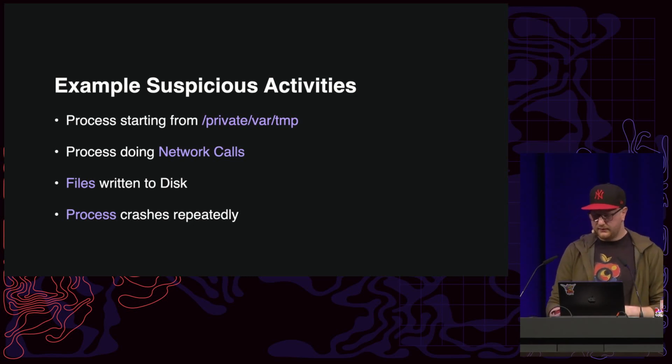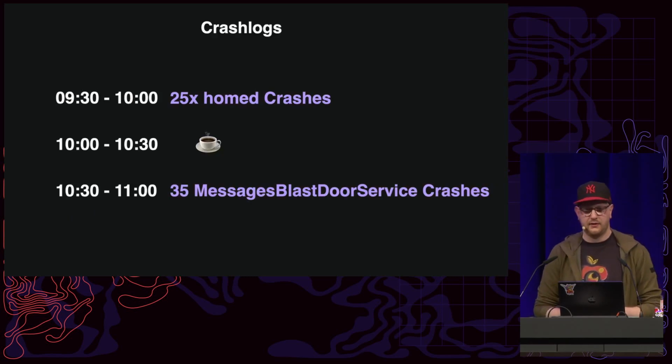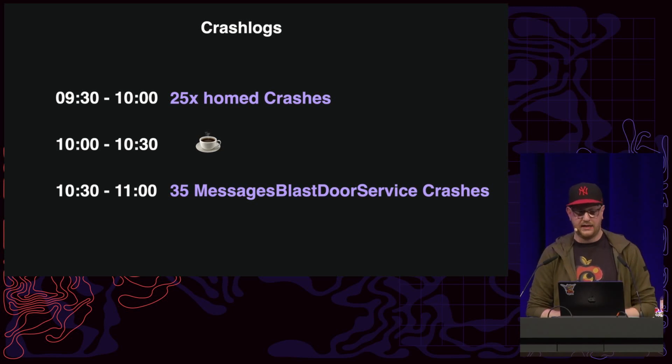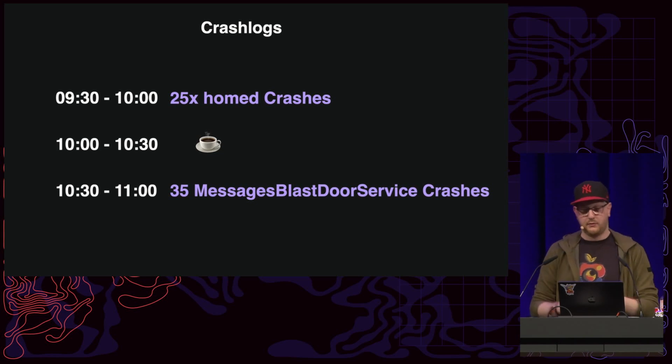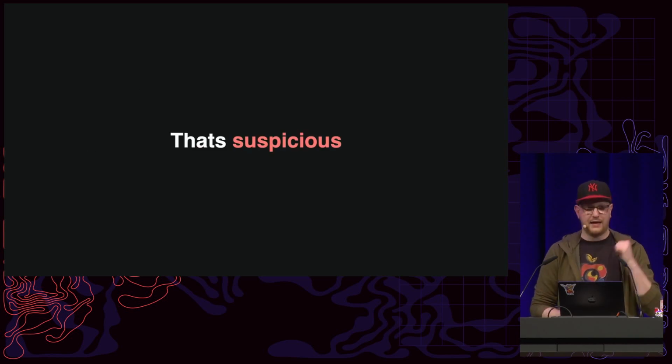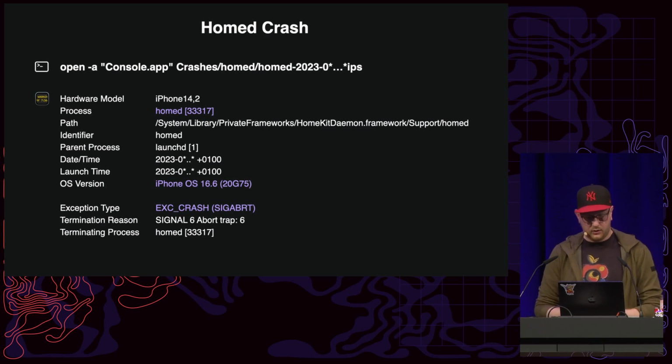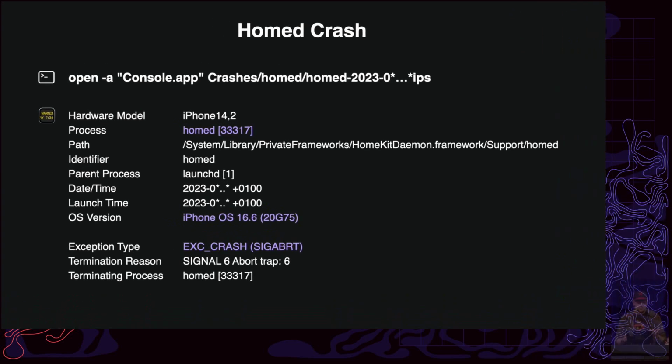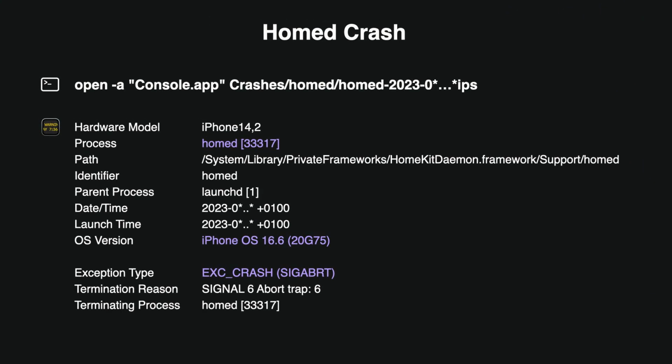And when I was looking at the crash logs, I could find something that immediately caught my eye. I had 25 crashes of the HomeD process. That was a short break. And then I had 35 crashes of the MessagesBlastDoorService. And that's absolutely suspicious. When I looked at the HomeD crashes, they actually looked pretty normal, so there was nothing in there.